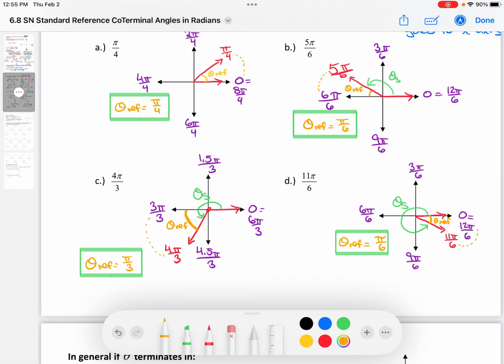So the reference angle is pi over whatever your denominator was. No matter what the denominator started out at, the reference angle will be pi over that denominator. So reference angles in radians actually turn out to be pretty simple.